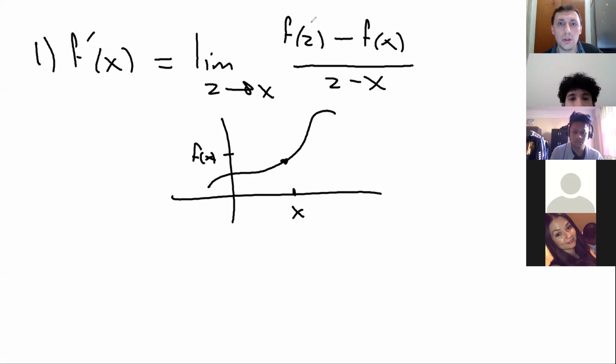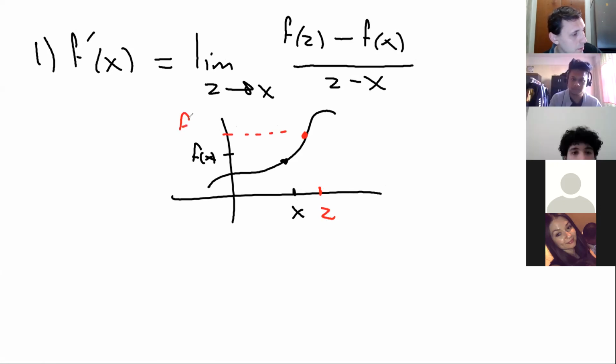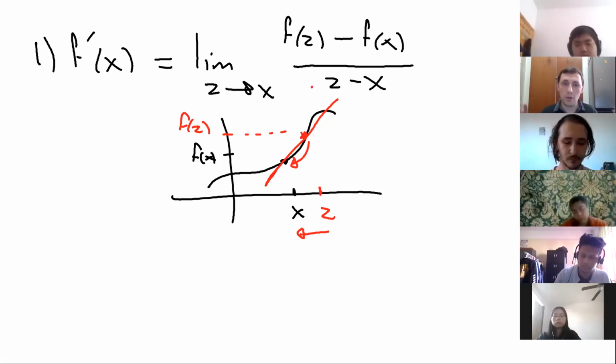Then you measure the slope by selecting another point, whose coordinates are z, f of z. Here is the secant line, and this point z is moved closer to x. That's what this is communicating. We are measuring a slope, fixing the point x, f of x, and taking z, f of z as the sliding point, moving it closer.